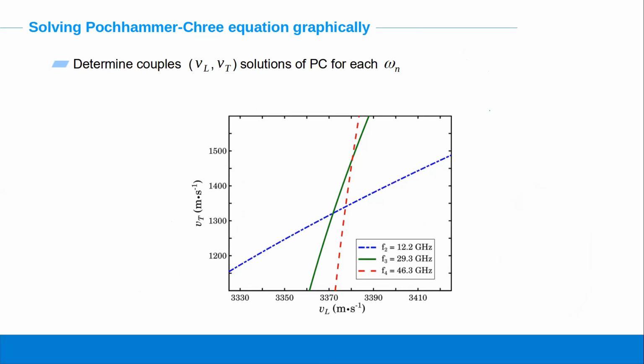Due to experimental uncertainty and noise, we have in that case several intersection points, but over a very small interval, especially for longitudinal velocities. The values of the transverse velocities are a bit more dispersed because breathing modes are less sensitive to transverse velocities than to longitudinal velocities. But in that case, we can determine quite easily the velocities of the material the nanowire is made of.